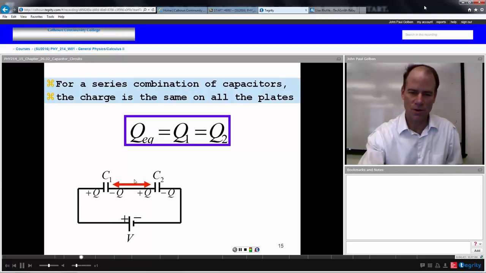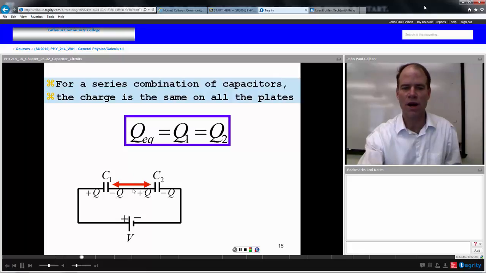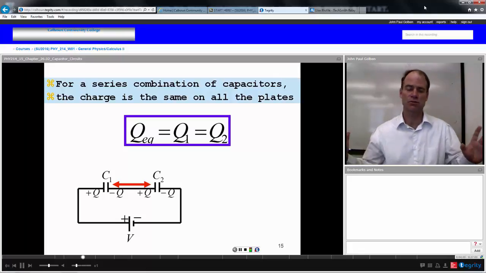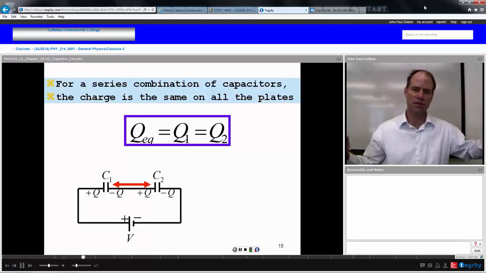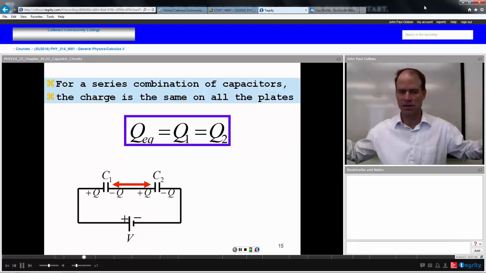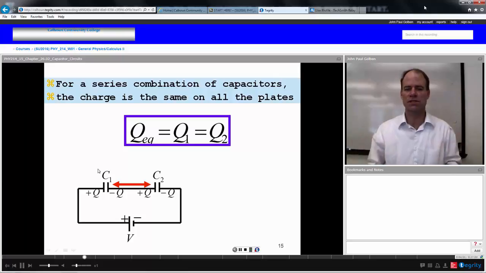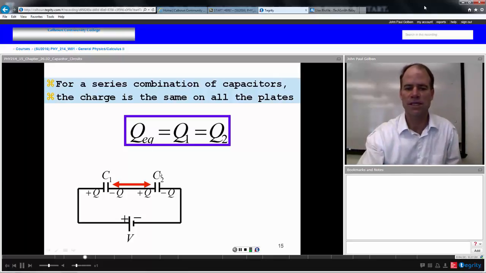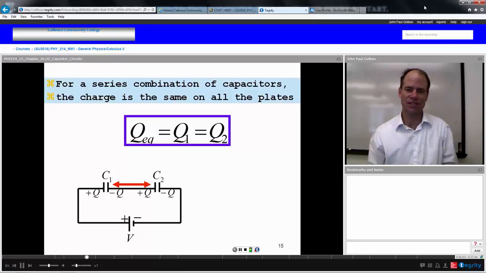This is okay because this central wire was neutrally charged anyway, and so we still are neutrally charged. We just had a positive Q go one way and negative Q go the other way. But we can see with this configuration that both C1 and C2 have the same value of charge. Capacitors in series will have the same charge.